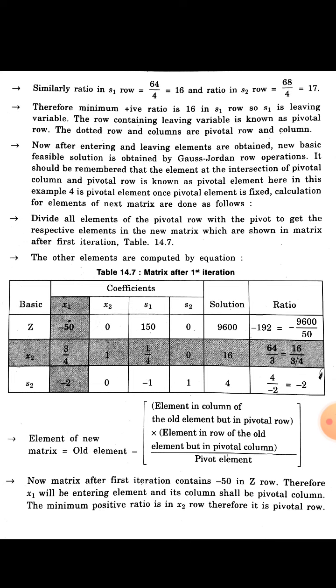The new row elements equal the old elements minus the element in the pivotal column of the old row, multiplied by the element in the pivotal row of the old column, divided by the pivotal element.